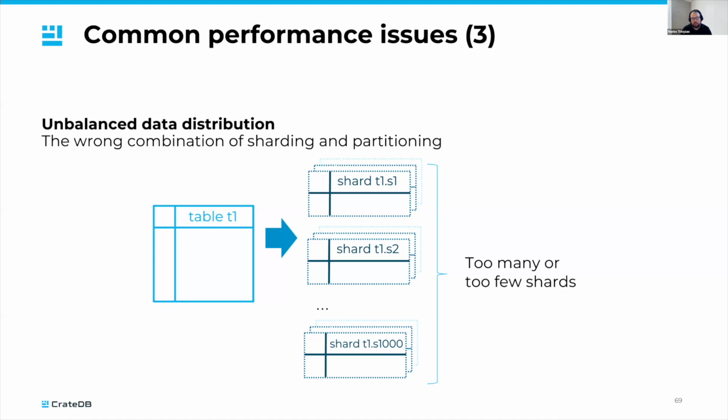If you have chosen to partition your table by day on the timestamp, and then you need to always run queries that aggregate results per week or per month, then you end up hitting 7 or 30 partitions for every query to get the results back.